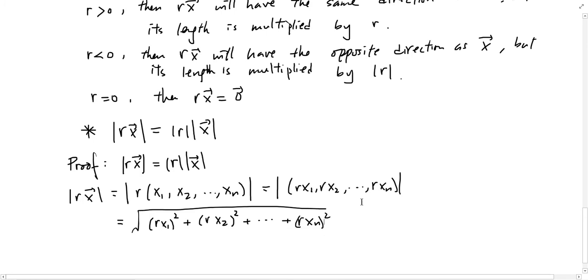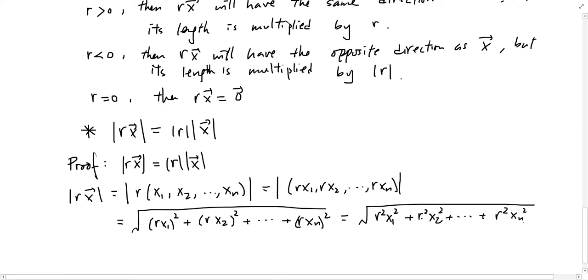Now, based on what we know about real numbers, if I multiply two numbers and square them, technically speaking, it's the same as if I square each number individually and then multiply them together. So it becomes r squared x1 squared plus r squared x2 squared plus dot dot dot plus r squared xn squared.